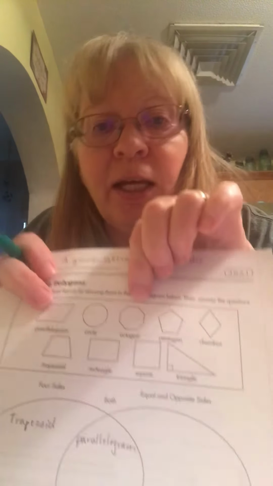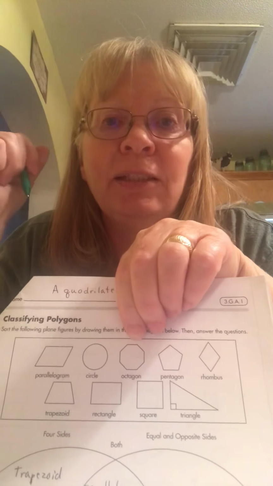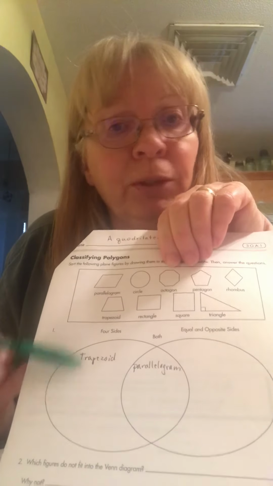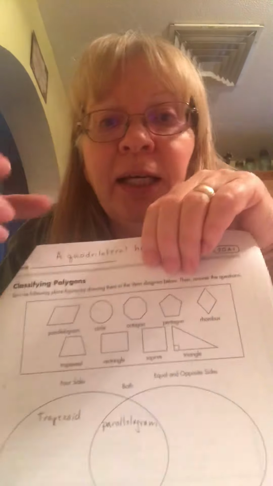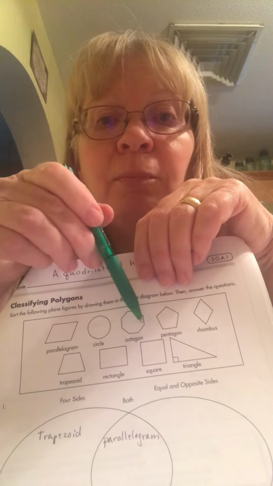Okay, now if I look at the octagon, an octagon, do you remember? Oct means 8. So an octagon has 8 sides. So I wouldn't put that on this side where it says 4 sides because it has more than that. But equal and opposite sides, yeah. All the sides are the same length and they have sides that are opposite them.